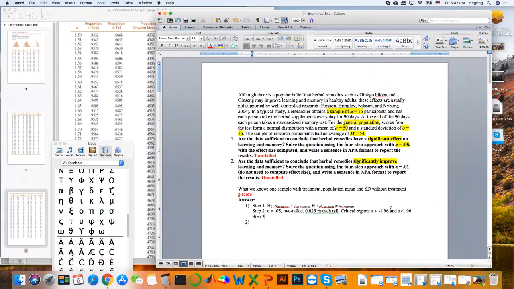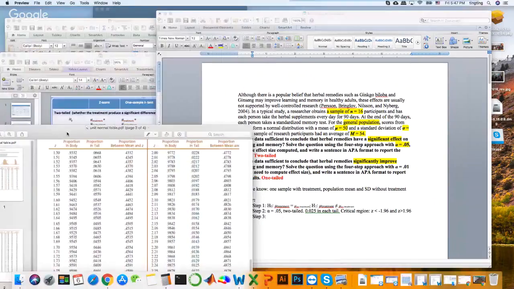And then step 3, we need to compute the z-score.